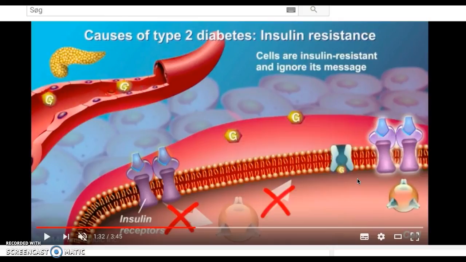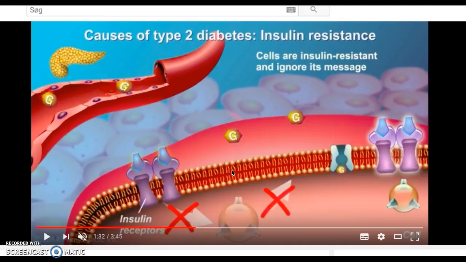So either the glucose will have a hard time binding to the glucose receptors, or the message will be ignored, or the patient will be totally insulin resistant. When this happens, the glucose cannot get into the cells.